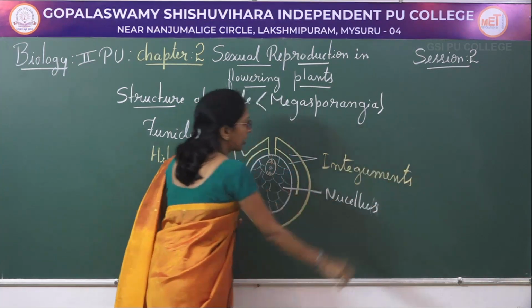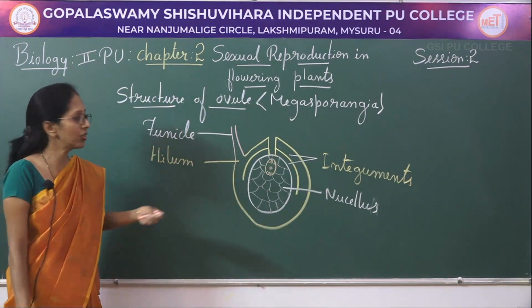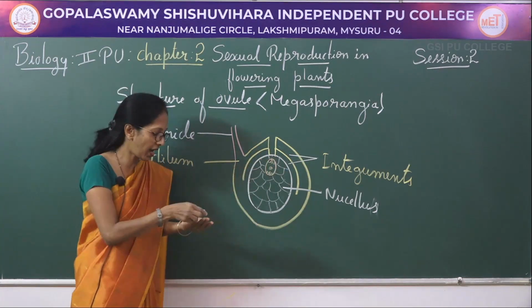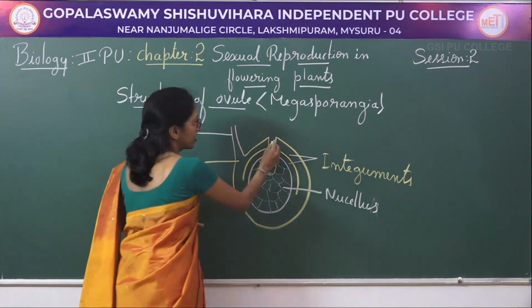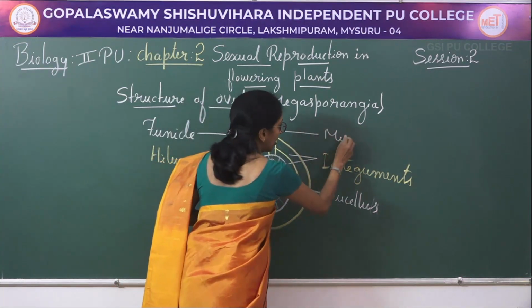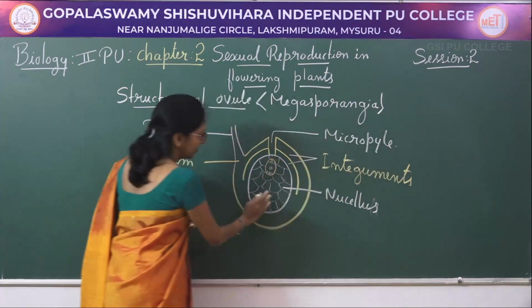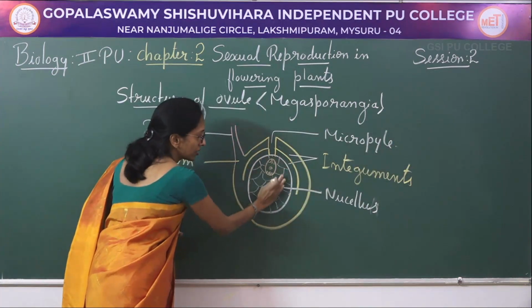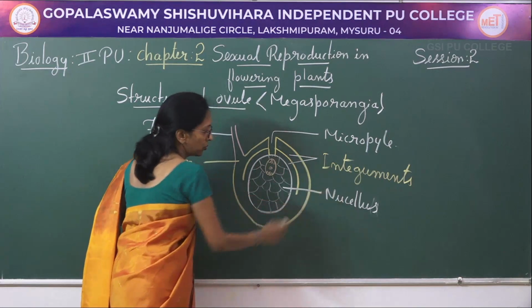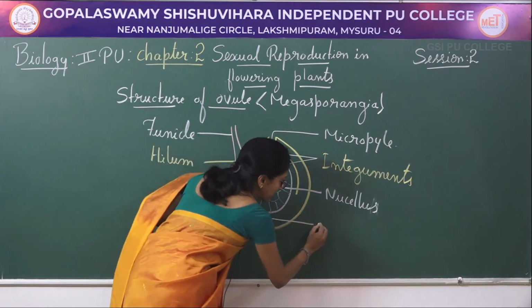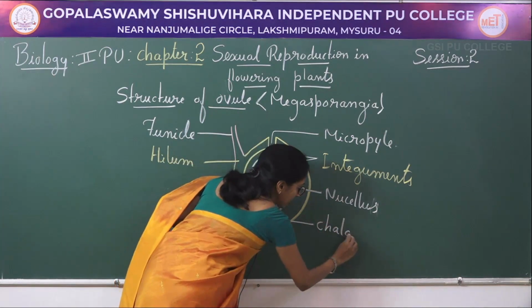These integuments do not cover the nucellus completely, so that it leaves a small passage or a gap, and this gap is said to be micropyle. And the basal part of the nucellus is said to be chalaza.